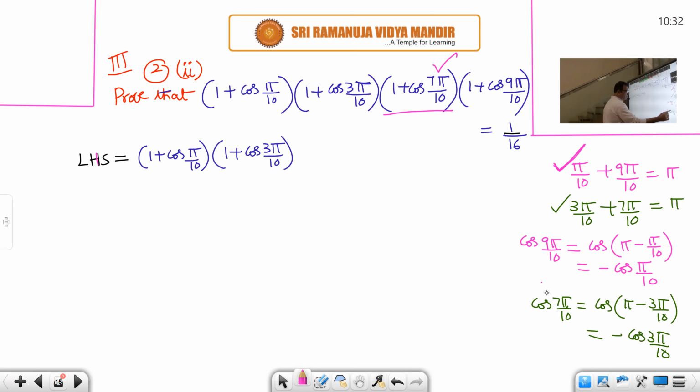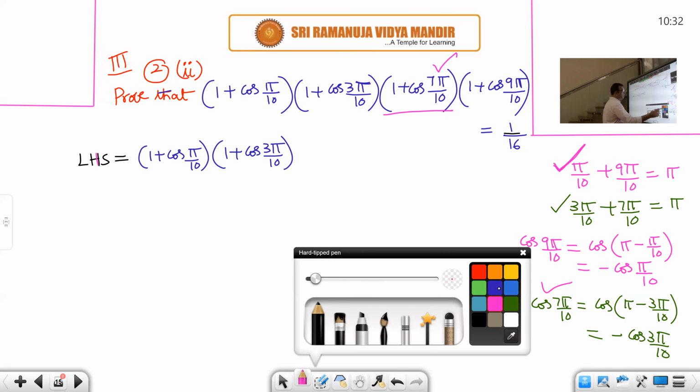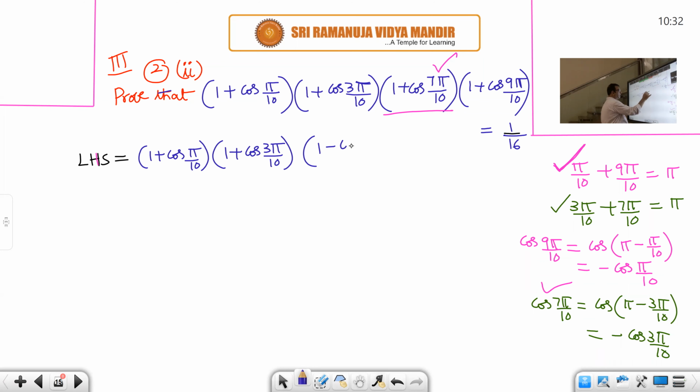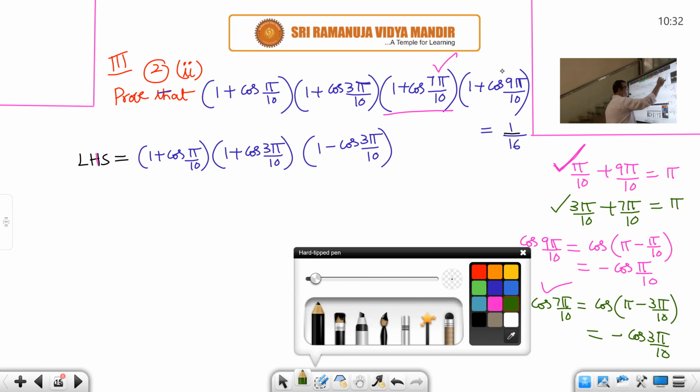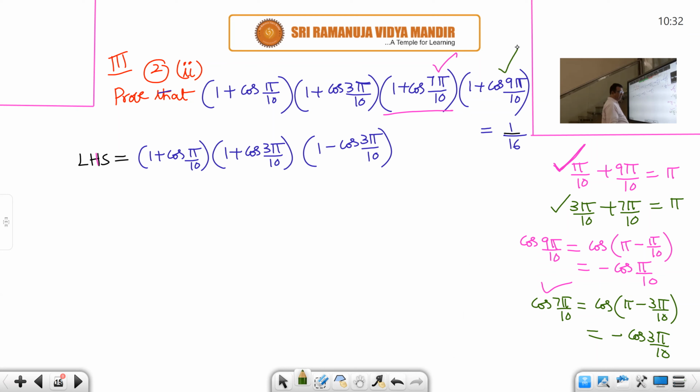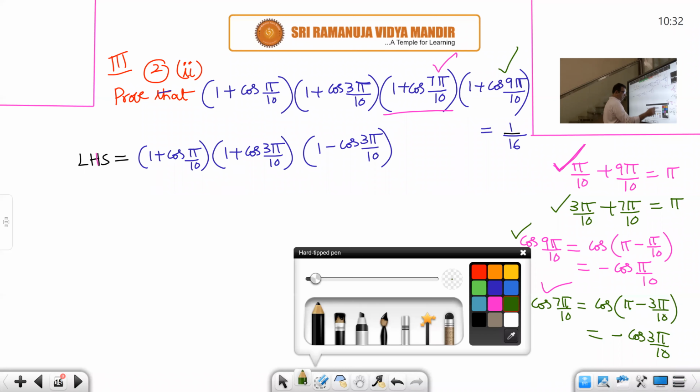Cos 7 pi by 10 is minus cos 3 pi by 10. So therefore we write 1 minus cos 3 pi by 10. And similarly, in the fourth bracket here, cos 9 pi by 10 is minus cos pi by 10. So 1 minus cos pi by 10.